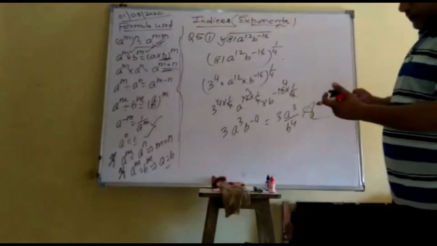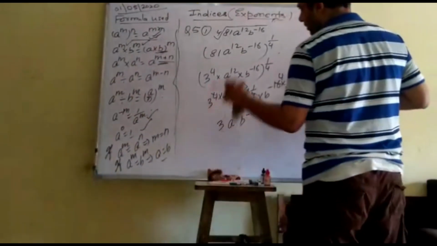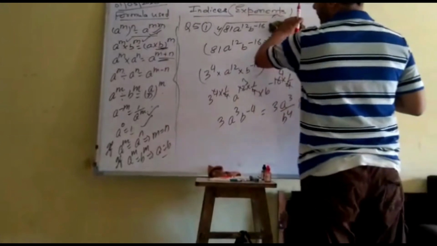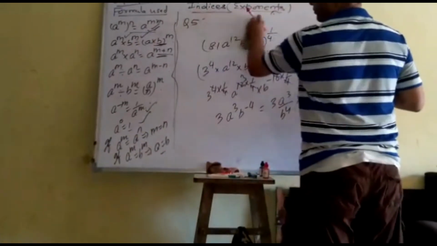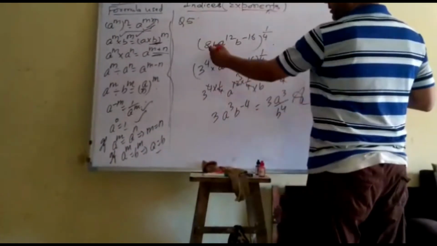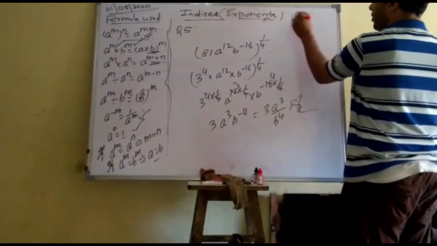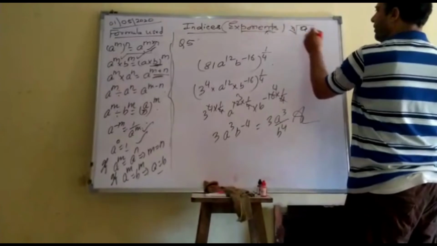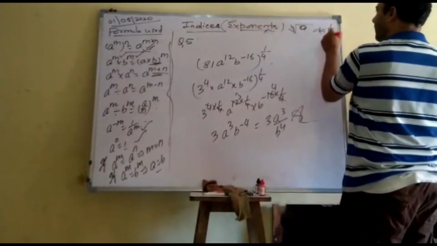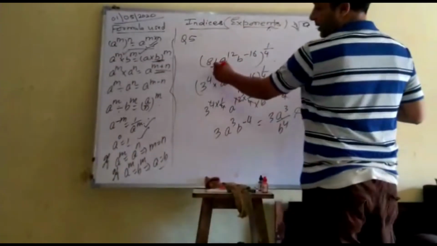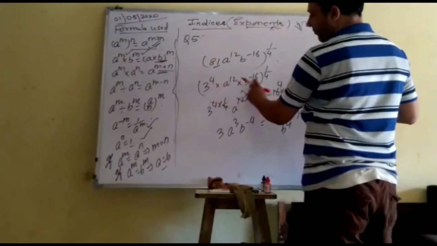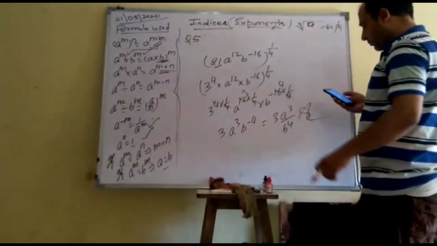Look at the third part of the fifth question. Once again, see the question was this one, nth root. Remember always, nth root of a is always a raised to power 1 by n. Then convert it to prime forms and simplify it. Right?